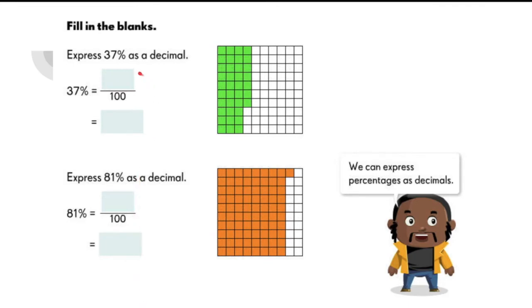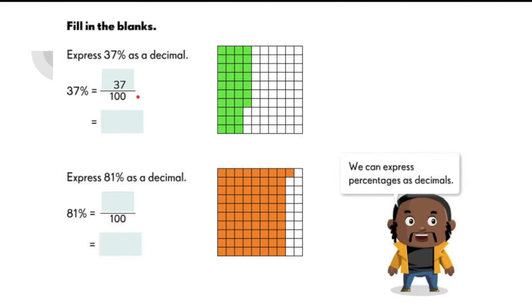Here's the first task. Express 37% as a decimal. If we recall in our last lesson, we have learned that percent means for every 100. So if we want to express this into a decimal, it might be useful to express it first as a fraction. 37% is the same as 37 over 100 in fraction.